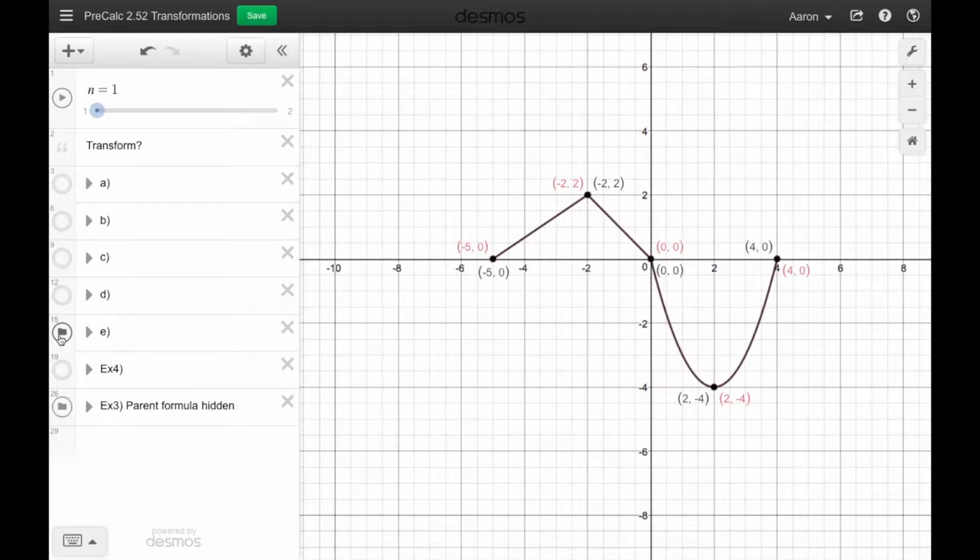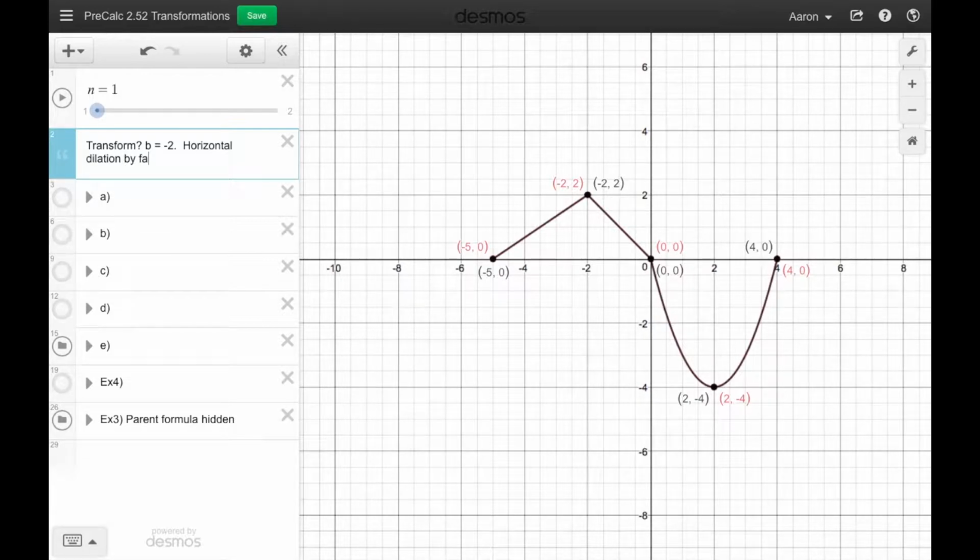E. We have b equal to the reciprocal of negative 1/2. The b value is negative 2. So that means it's going to be a horizontal dilation by a factor of negative 2. What we just saw what the 2 would look like, but negative 2 means we're going to have a reflection over the y-axis.